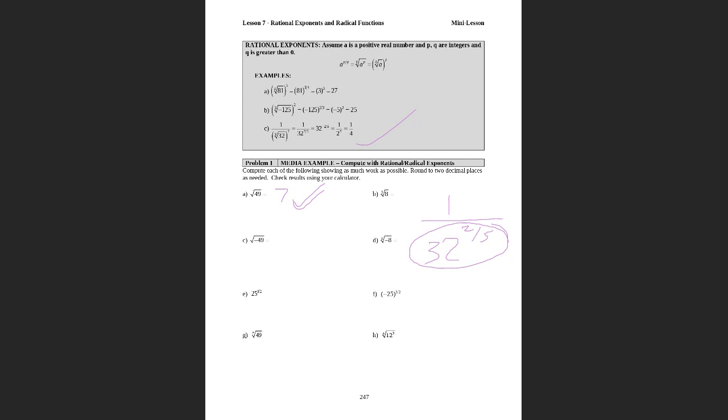So you have to remember that if you have an even root, then you cannot get a real number for a negative number. But if it's an odd root, then you could work out something. It is something worth remembering.